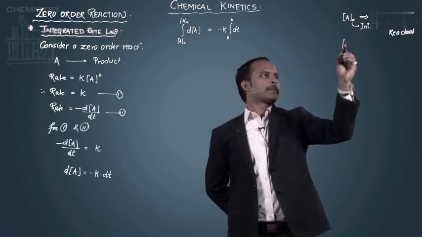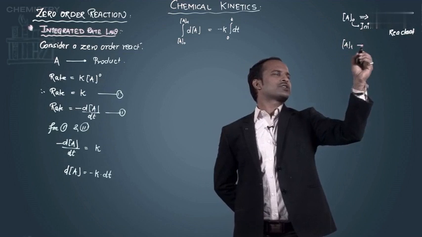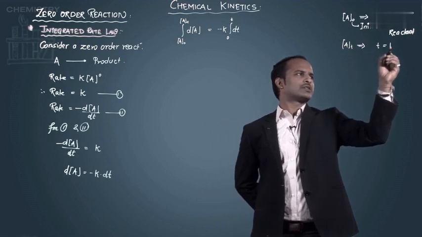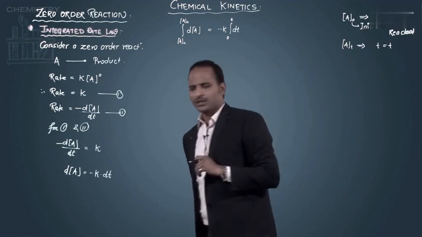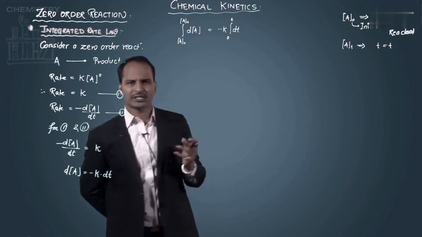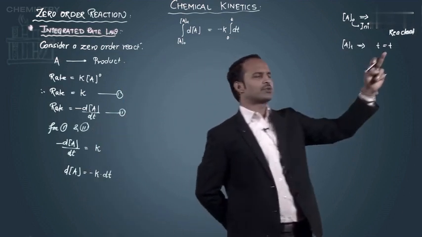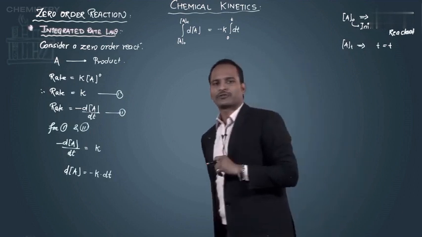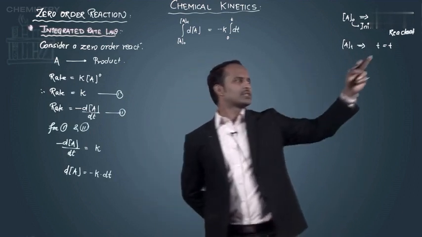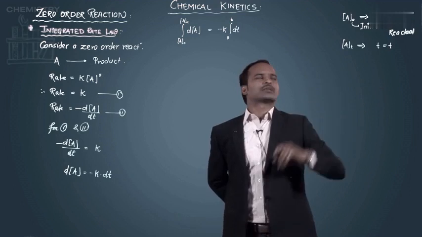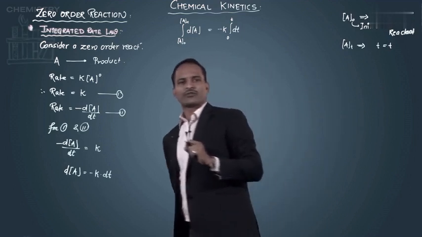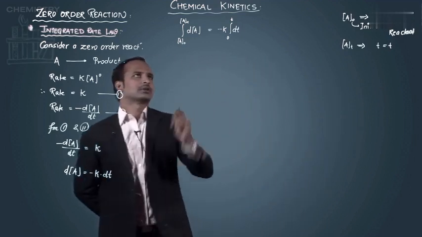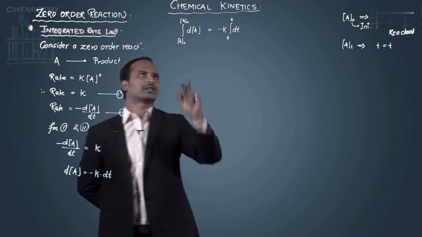AT is the concentration of reactant after time t, meaning when the time is t. That time may be 10 minutes, 15 minutes, or 20 minutes. If I say t is 20 minutes, then AT is going to be the concentration of reactant after 20 minutes. If I say it's 25 minutes, then AT is going to be the concentration of reactant after 25 minutes. So let us integrate it.